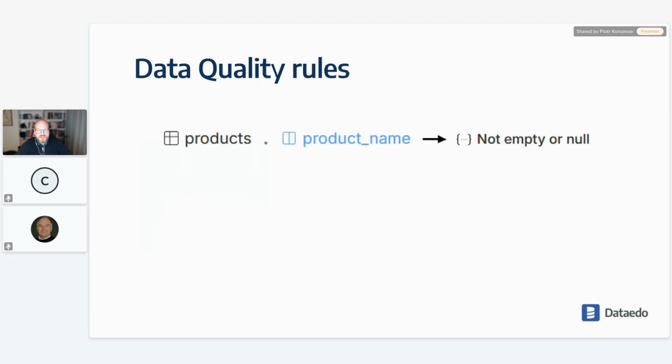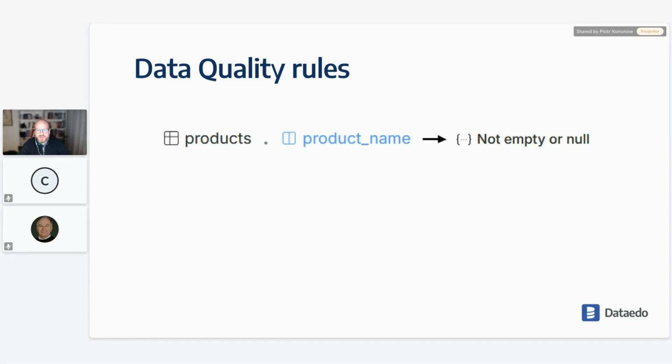In short, the simplest rule is when you take a particular column in a table and you apply one of the predefined rules from the catalog we provided. There are more advanced options, but more about that later. So in this case, you say product name should not be empty string or null.